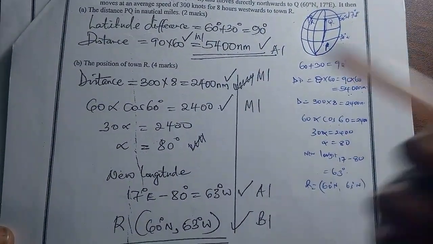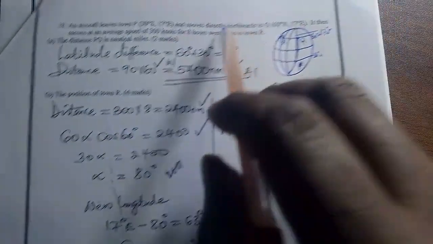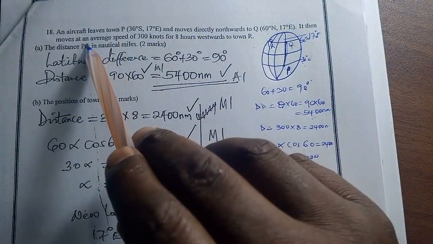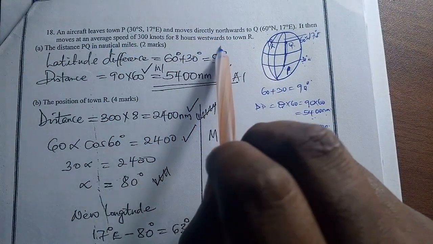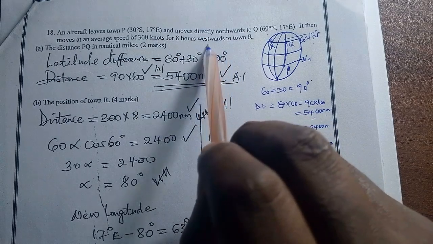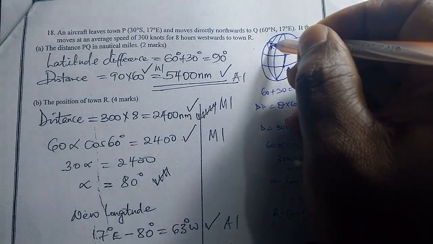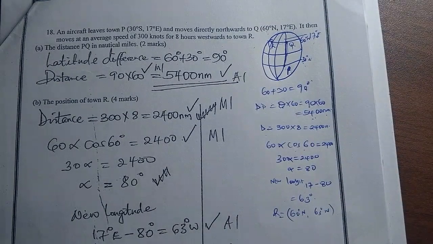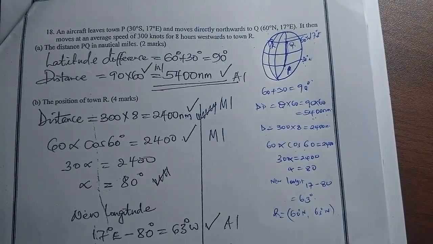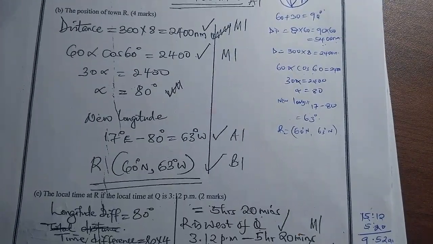The position of R. Now when you read here, it then moved at an average speed towards the hours westwards to R. So after reaching Q, it went to R. It is important that you sketch. You sketch and try. Can you try this one?